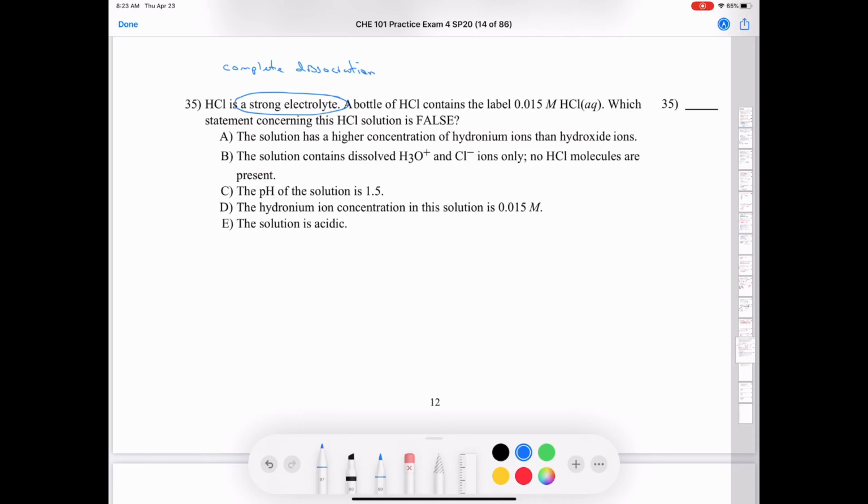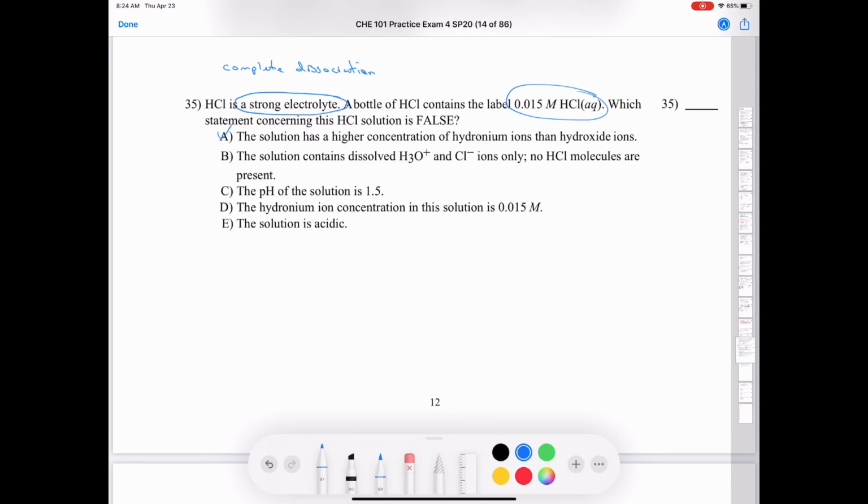It says here, the solution has a higher concentration of hydronium ions than hydroxide ions. This is a true statement because at neutral pH, the concentration of hydronium and the concentration of hydroxide will be equal to each other, but since we have an acidic solution, we're going to have more hydronium than hydroxide, so this is a true statement.